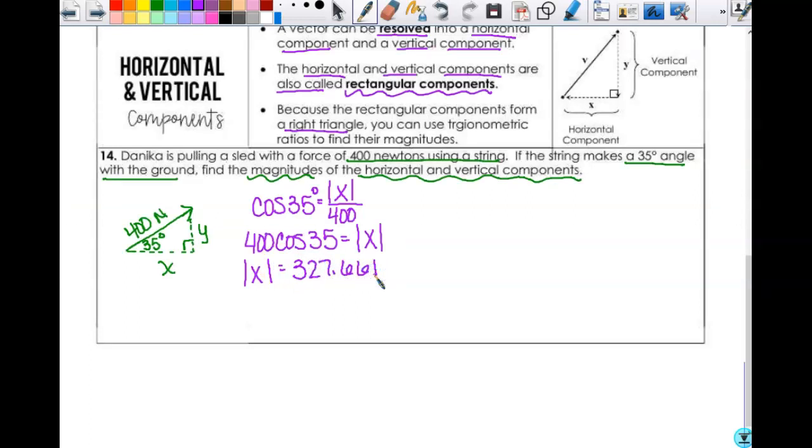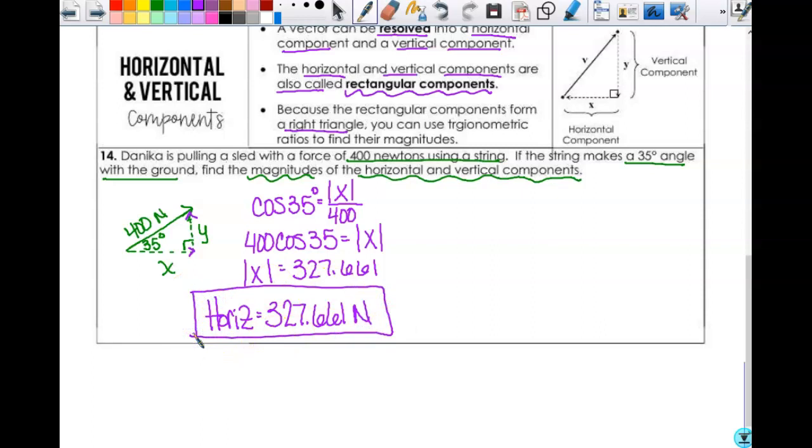Then, because she's pulling it this way, this is a positive and a positive. So that means your horizontal component is 327.661 newtons.